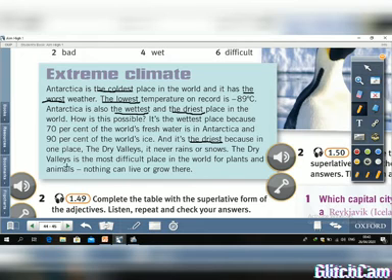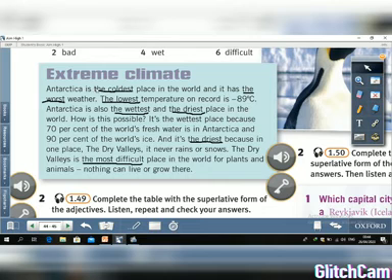The dry valley is the most difficult place in the world for plants and animals. Nothing can live or grow there. They are the adjectives: the coldest, the worst, the lowest, the wettest, the driest, the most difficult.